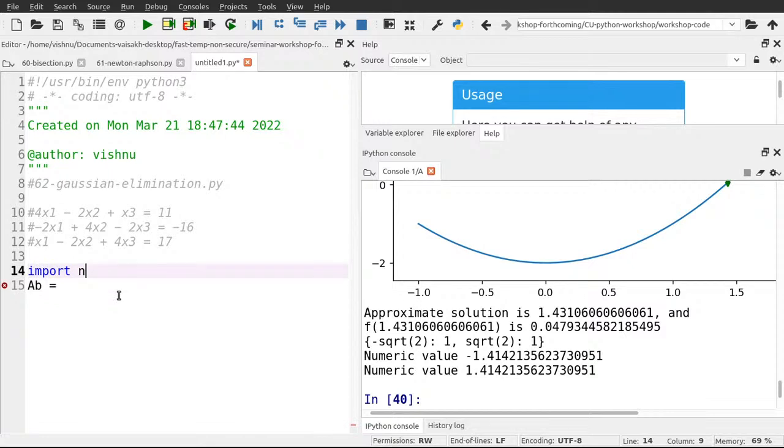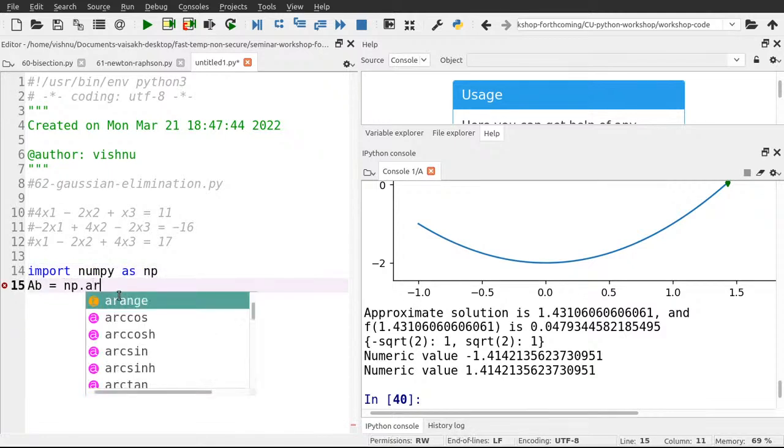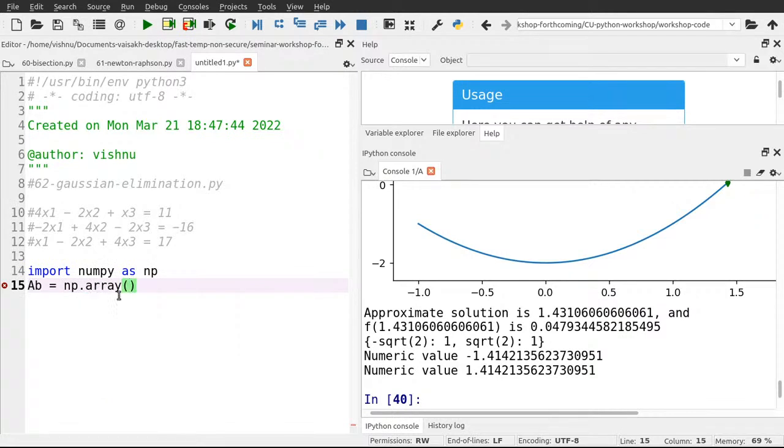Import numpy as np. So np.array we are going to form. We need to form lists of lists.